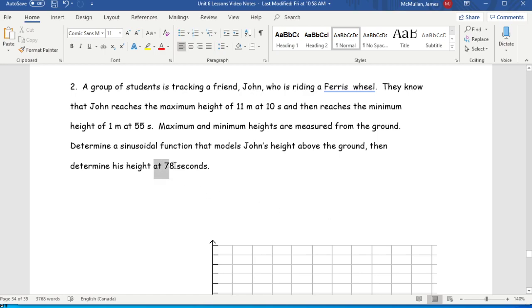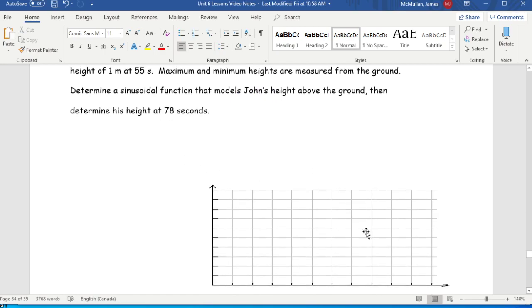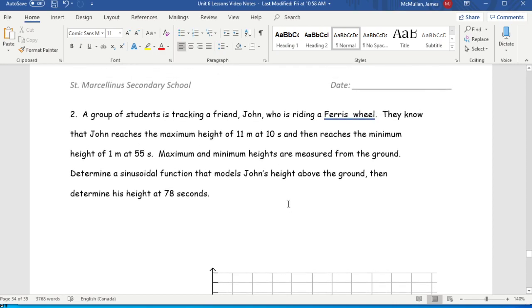We needed to get to 78, which is like a cycle and a half. I don't know that there's a way we can easily do this on the graph here without knowing more. But anyway, let's write what we know, and I'll draw it as we go, and you can do your drawing at the end.